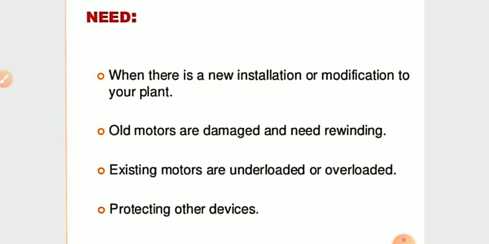At that time we need the use of an energy efficient motor, and we use this motor for protecting other devices because here the losses are very less.